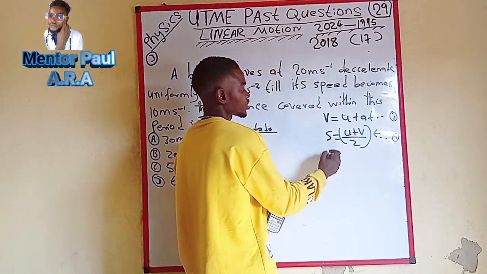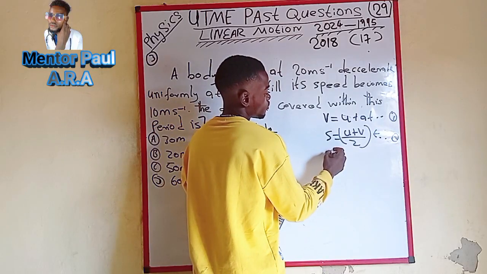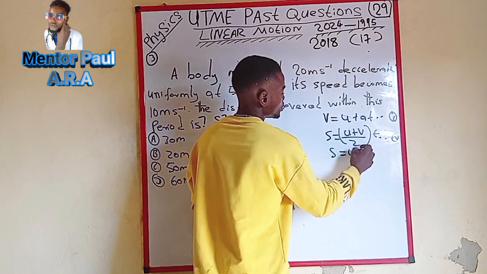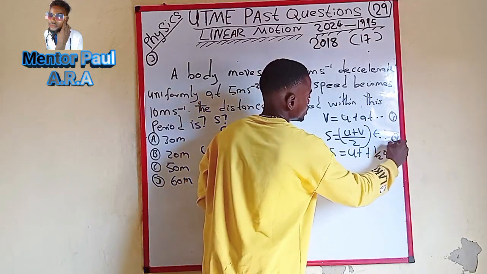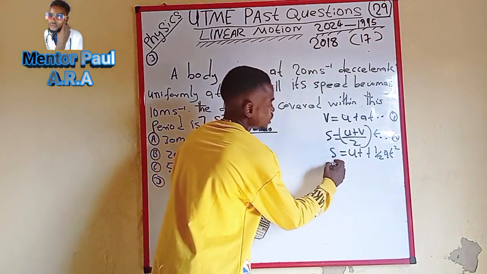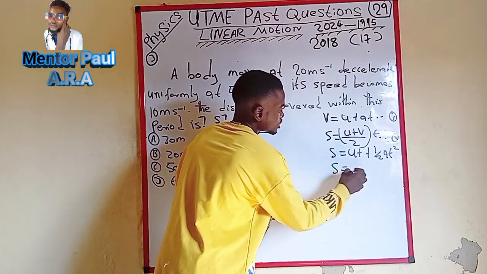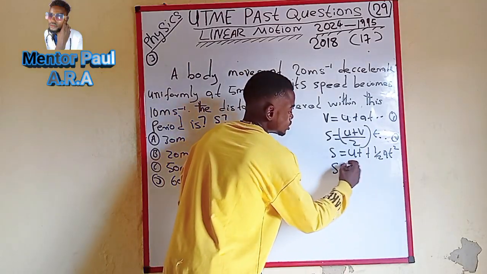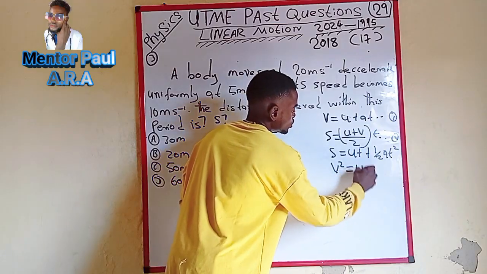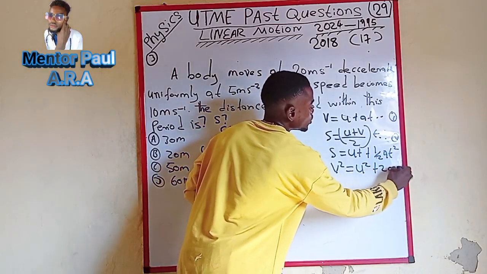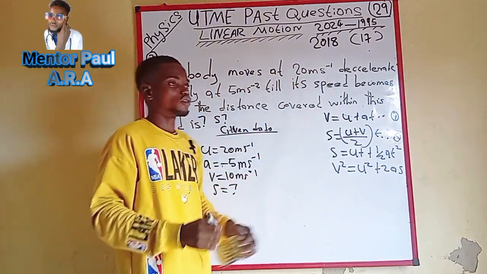The third equation says s equals ut plus half at squared. And then the fourth equation says v squared equals u squared plus 2as. So these are the four equations of motion.